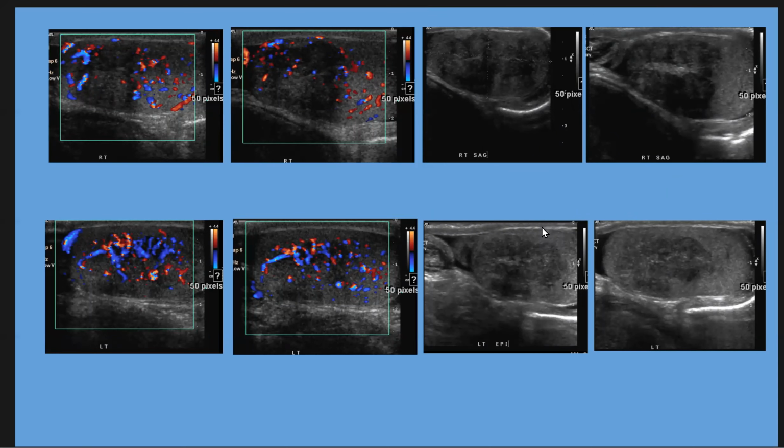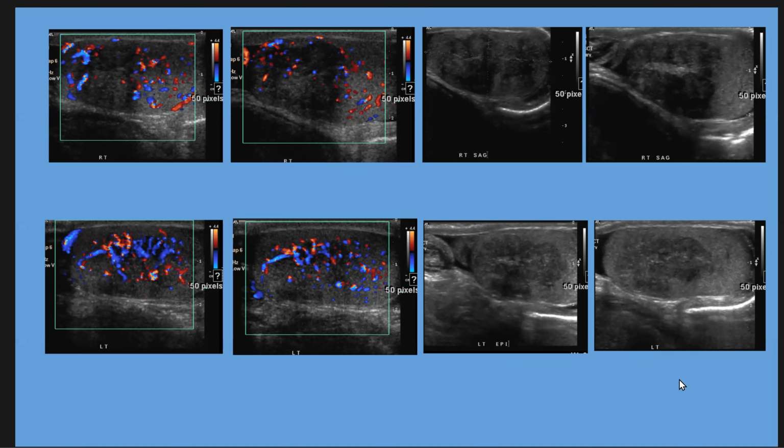Here, a patient 9 years old with bilateral, more or less symmetrical hypoechoic masses around the mediastinum with some increased vascularity. The differential diagnosis: bilateral germ cell tumor, lymphoproliferative disease, metastasis, but the clinical history is important in this patient, congenital adrenal hyperplasia.